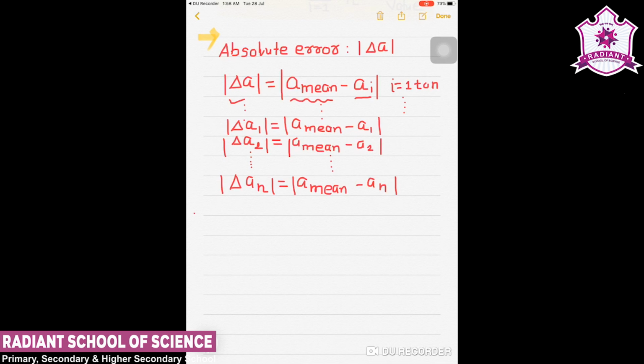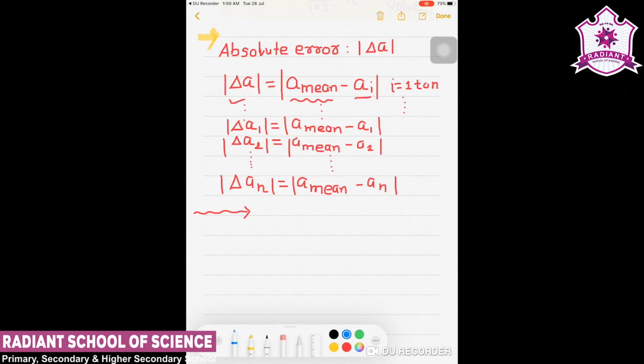For the next step, we will take the arithmetic mean of all these absolute errors as the final or mean absolute error of the value of the physical quantity such as a over here. Here I have taken the a value once and obtained different results, different measurements, which are a1, a2, a3 up to an. So for the same value we will take delta A mean.